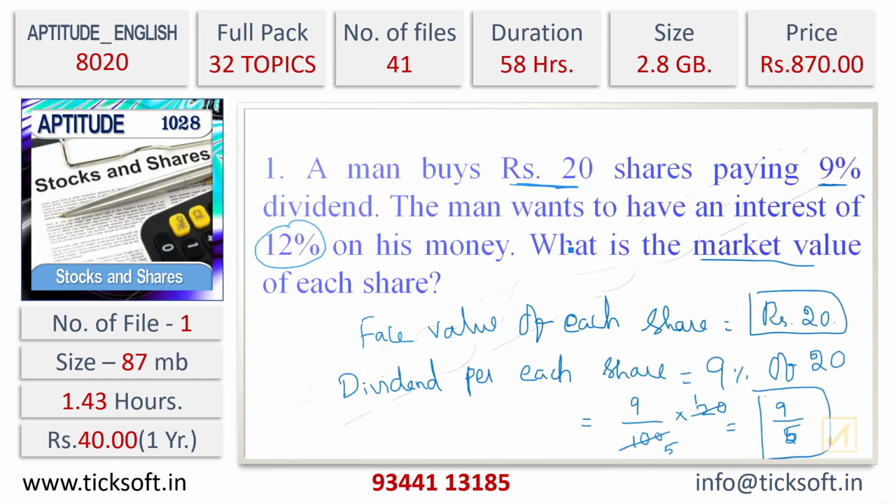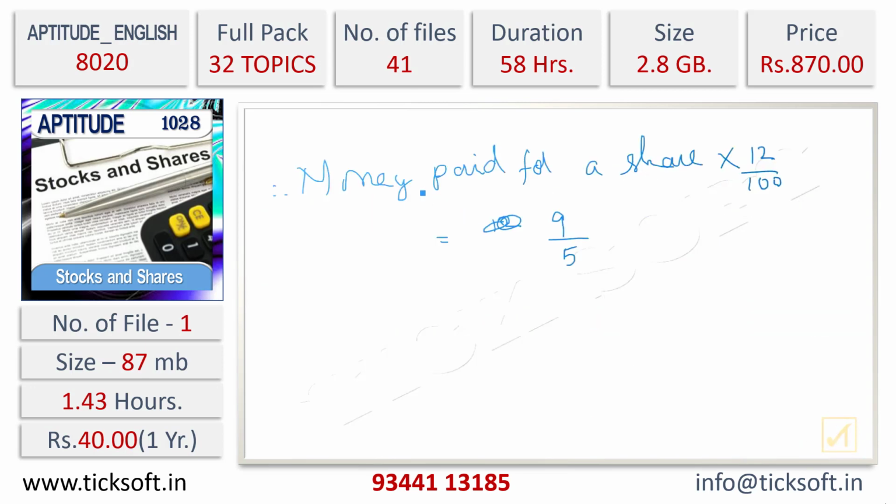That is, 12% of the money paid will be equal to this dividend, isn't it? So that is why we get the money paid for a share into 12 by 100 is equal to the dividend per share.